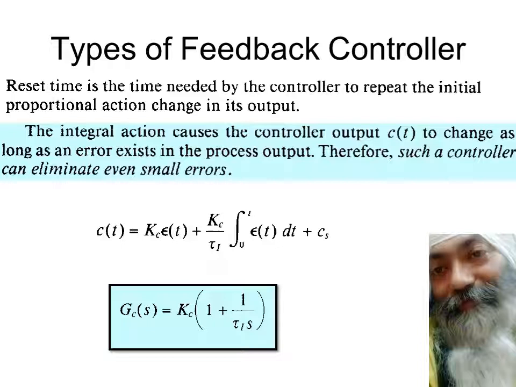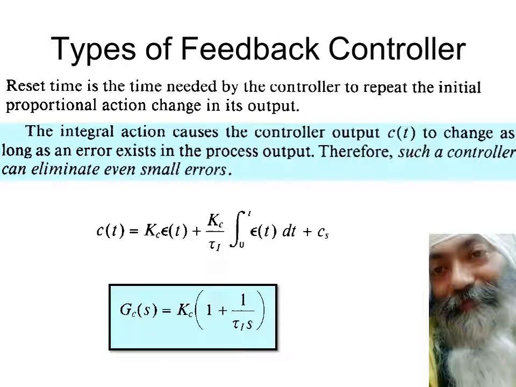By the time it reaches there, the integral will continue to increase the value of output to 100%, to 120%, to 140%. But the valve cannot open more than 100%. The valve cannot open to 140%. The signal has become 140% to the valve, but the valve is fully open. There is nothing beyond fully.